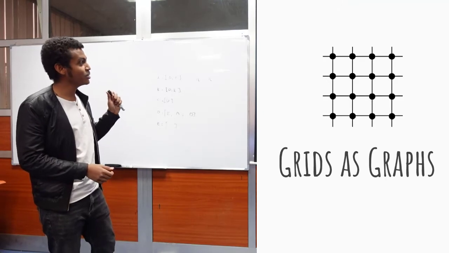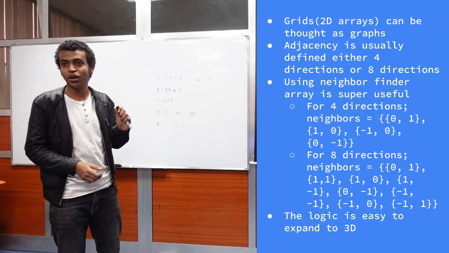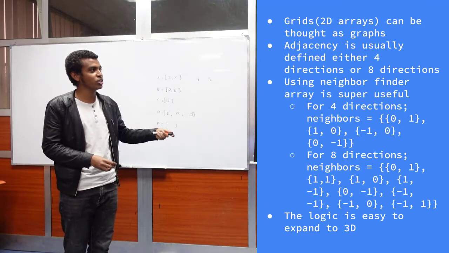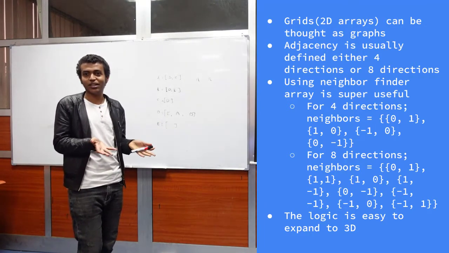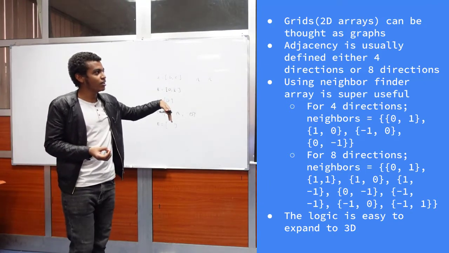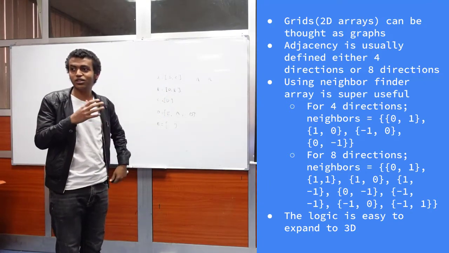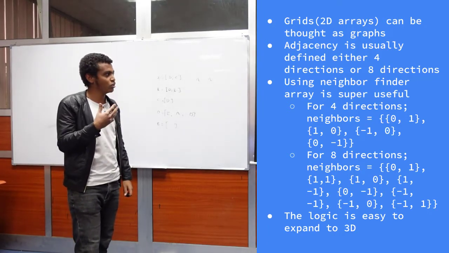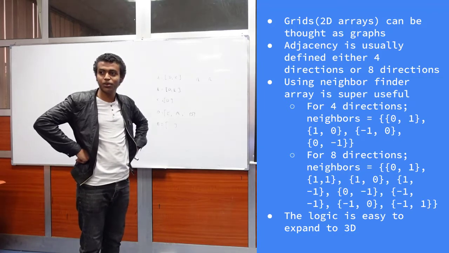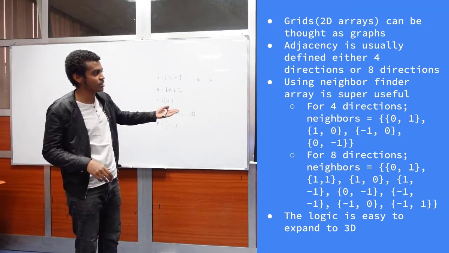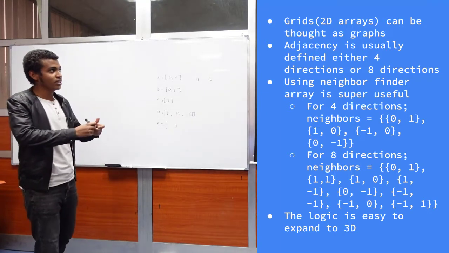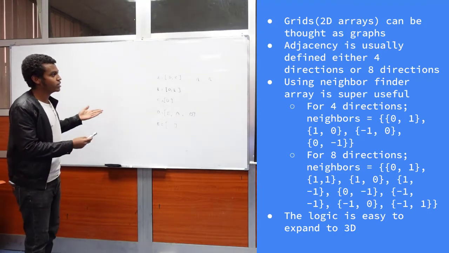The other thing I want us to discuss about graphs is that not always the question will tell you that it's a graph kind of question, and this is an obvious one, but not everything is represented as nodes. So we want to discuss how grids can be represented or discussed as graphs. So first, let's see what a grid is.